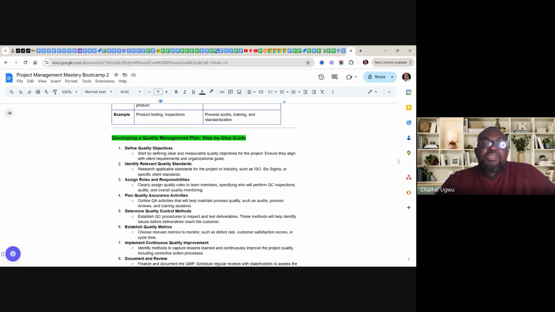Number three, assign roles and responsibilities. Clearly assign quality roles to team members, specifying who will perform quality control inspection, audit, and overall quality monitoring. It's very, very good to assign this to someone. In a project, if you are a good project manager, even if you have a lot to do, you don't want to do it yourself.